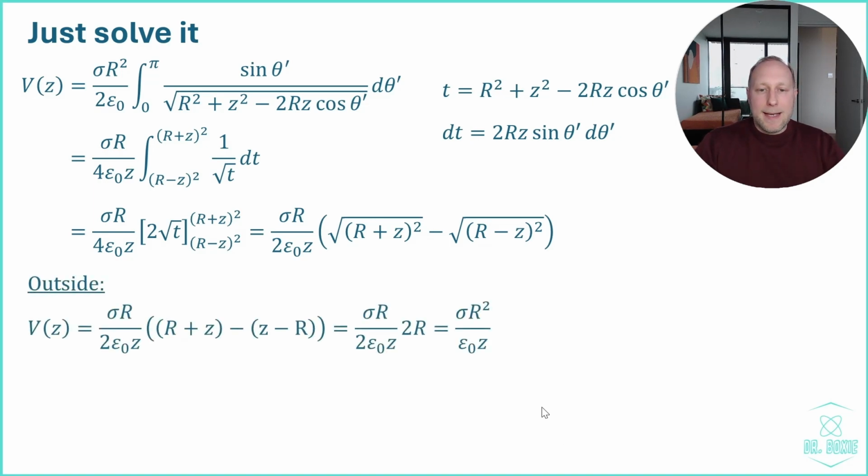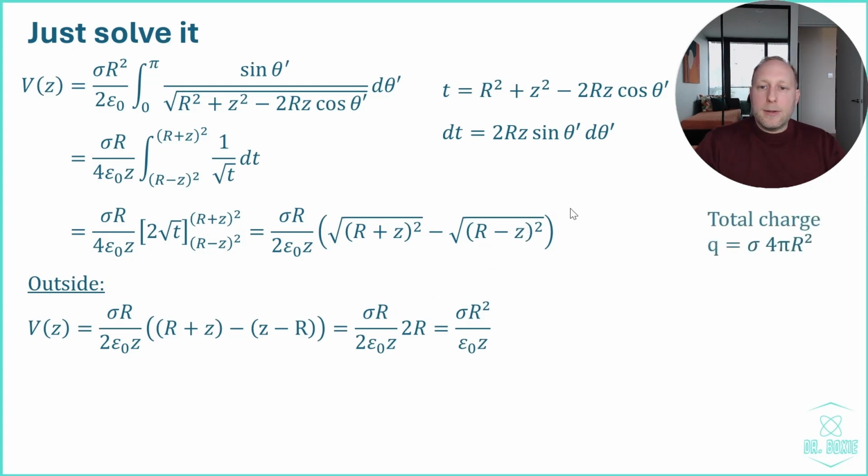If we are outside of the spherical shell, z is larger than r, and consequently the square root of r minus z squared is actually equal to z minus r, which is what I wrote here. And the z's cancel out, we're left with a 2r in the brackets, which gives us this expression here.